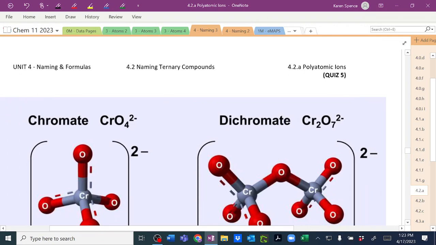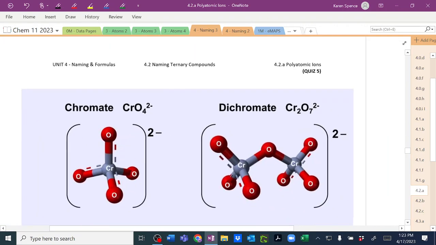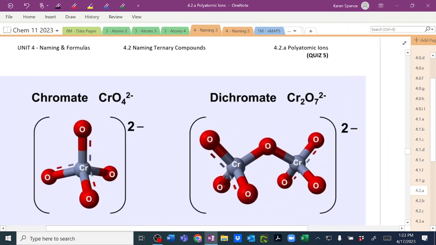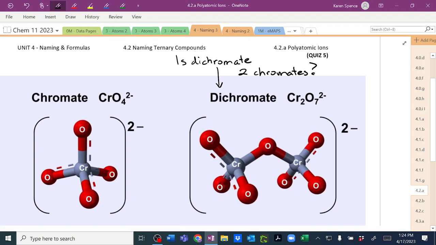Okay, this is the last one I kind of want to look at today, and this is chromate and dichromate. Is dichromate 2 chromates? Look at the structure. Look at the formula.